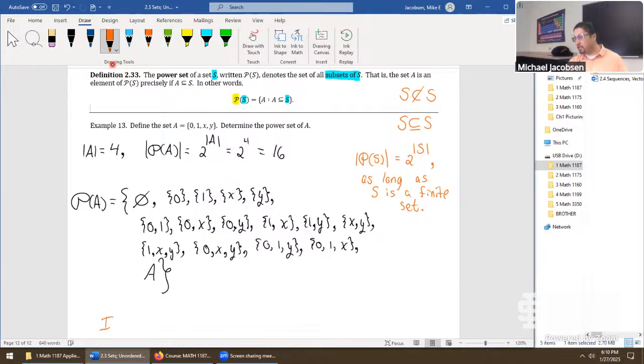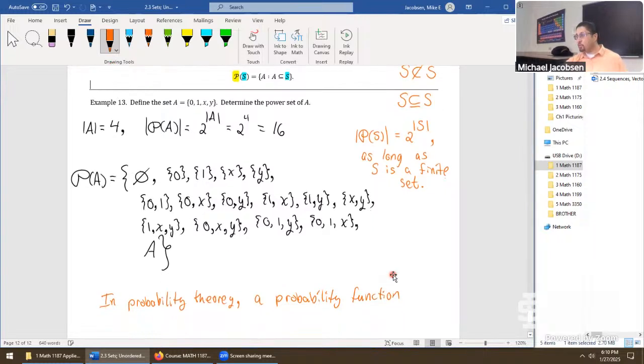In probability theory, we can define a probability function in this kind of way.